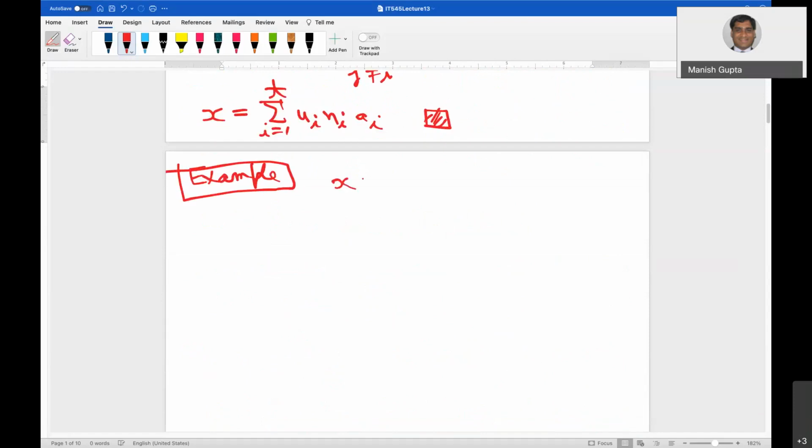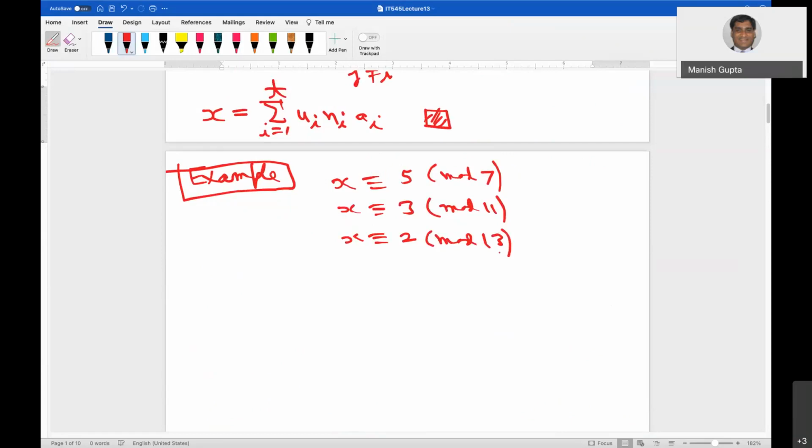Let us take an example. x congruent to 5 mod 7, x congruent to 3 mod 11, and x congruent to 2 mod 13. Can you try to solve it and tell me what is the solution?